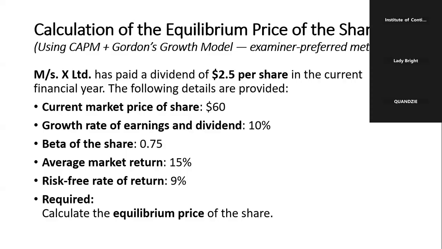Since you are tired, let's discuss it. What do you think we are doing first? I have given you the hint that we are looking for price, which is equal to D1 over KE minus G. But in all that we have been given, something was left out.